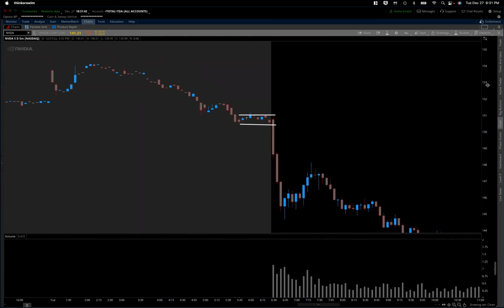A lot of people, I don't tell them to play SPX, I tell them to play SPY, because it's a little bit less risky. And I told them if SPY breaks support, which at that time was the first 5-minute candle, I'm taking NVIDIA puts.